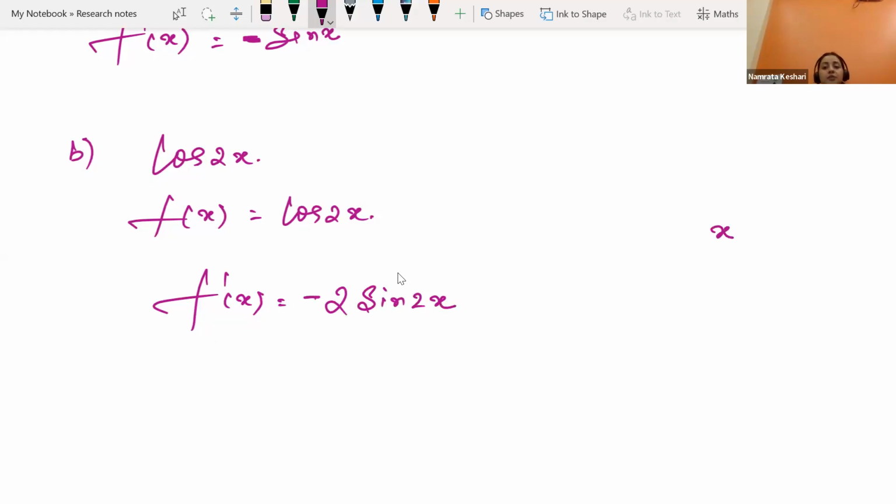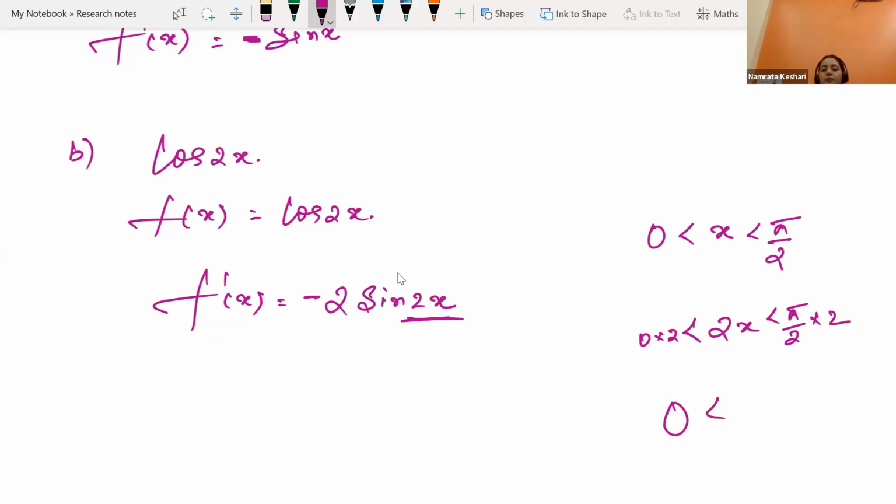Now x lies between 0 to pi by 2. But here we are having 2x, so we will be doing the multiplication. 0 into 2, pi by 2 into 2. So 2x lies between 0 to pi? Yes.